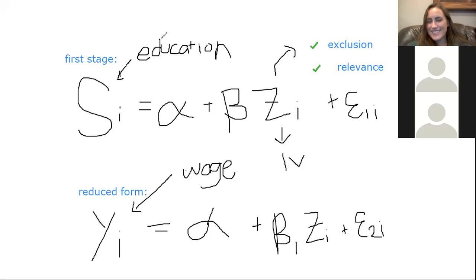We need Z to satisfy the exclusion restriction and relevance restriction to be a valid IV.